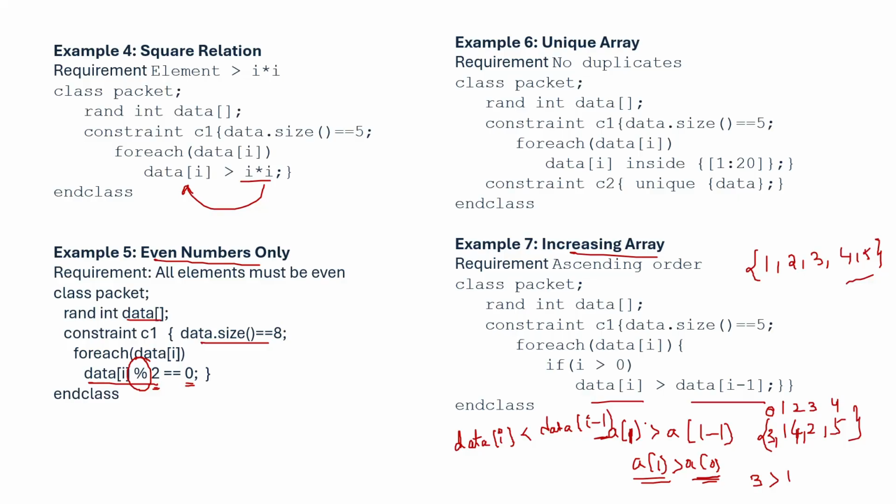Mention the size, data dot size equals some 10. Write the foreach condition, and then you can write the constraint: data of I greater than data of I minus 1. So then zeroth position and first position, it will consider that. Here what is the condition?